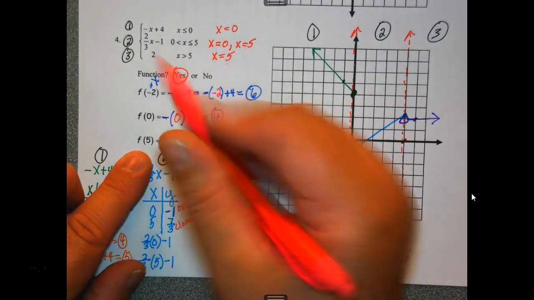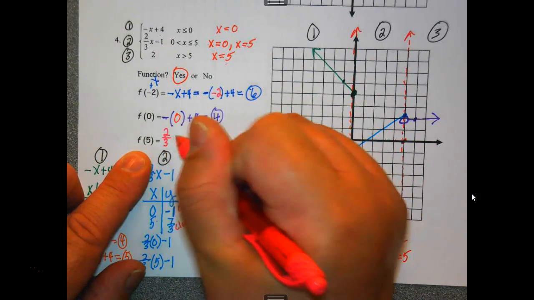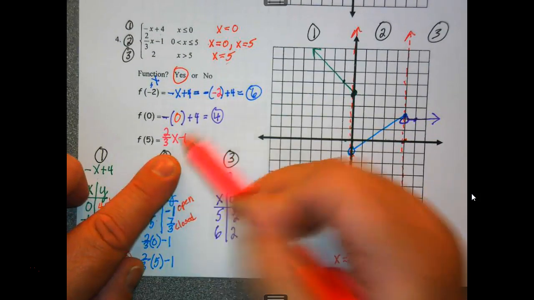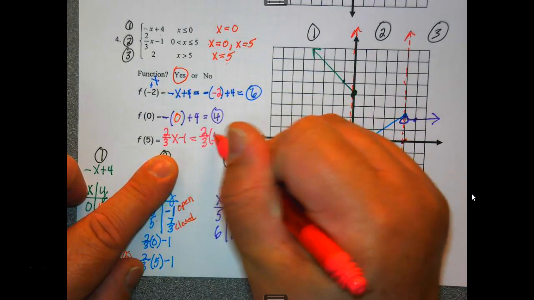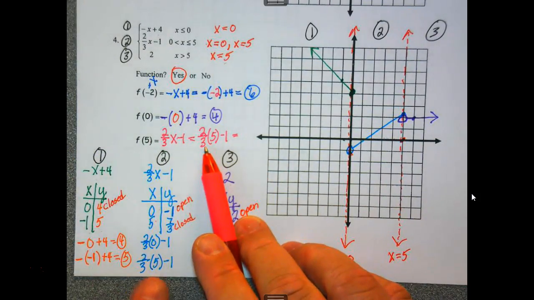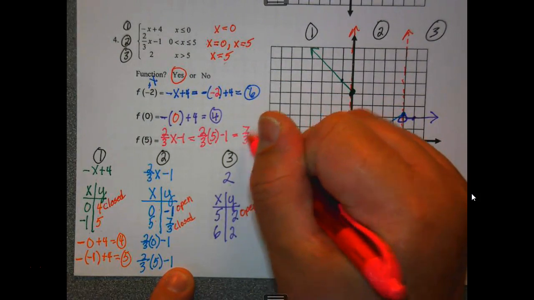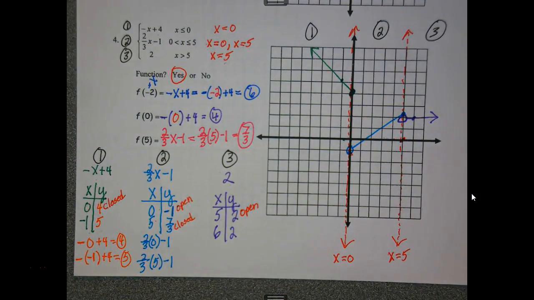So we have to use function number 2, 2/3 x minus 1, substitute in 5 for x, and I believe we did this down here, right? And we got 7/3. Any questions on that?